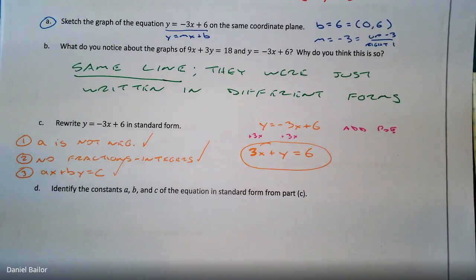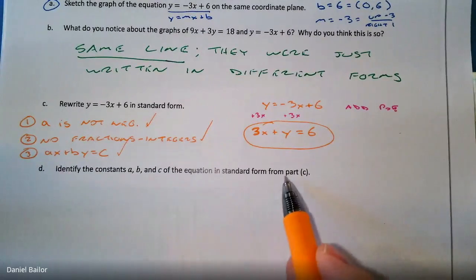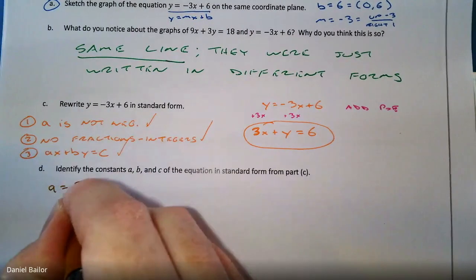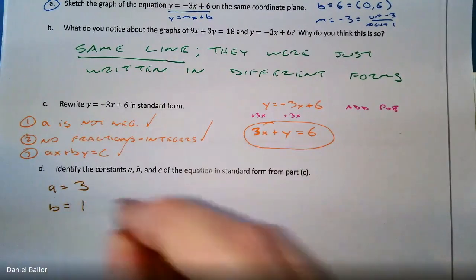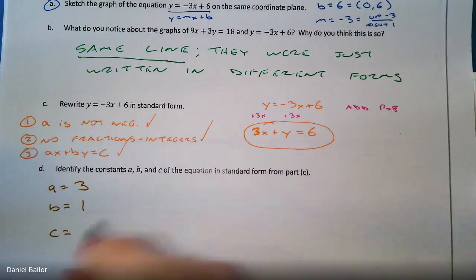There we go. Now we need to identify the constants A, B, and C that we had. I just said it out loud, but I guess I can write it down. A is 3. B is 1, because 1y is just y. And C is 6.